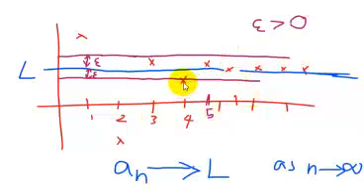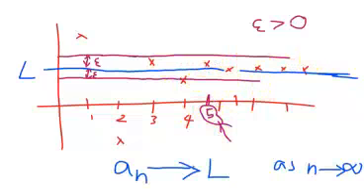These points also seem to be outside of this ribbon. But after this index, all points of the sequence are within this ribbon.